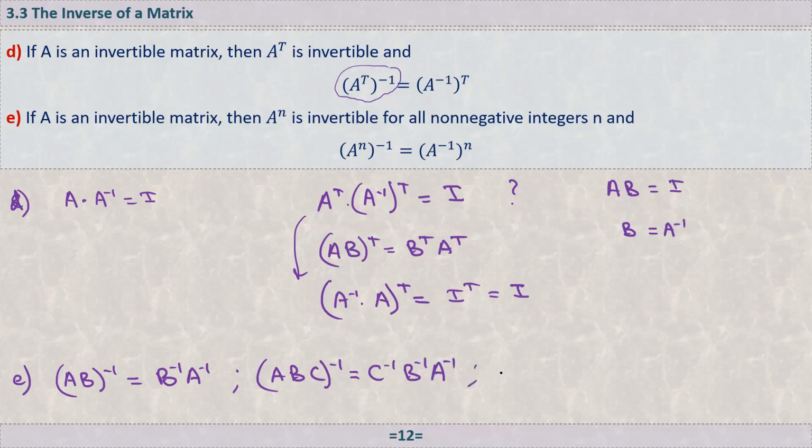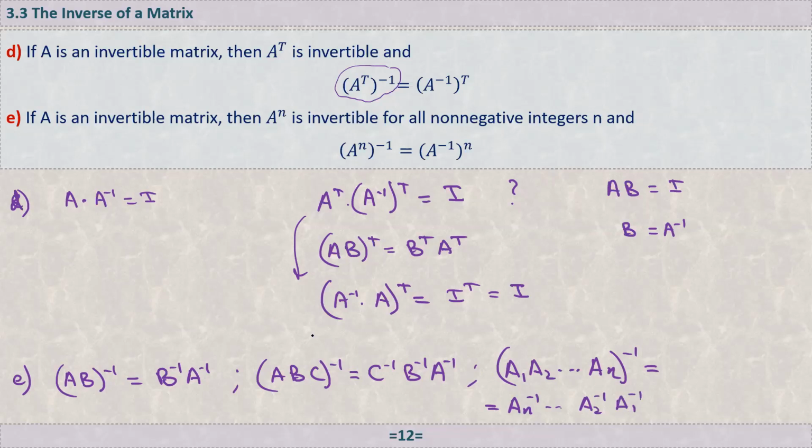In general, if we have A1, A2, dot, dot, dot, An, and here we have inverse, that's equal to An inverse, we are just writing this in reverse order, and the previous one, and here we have A2 inverse and A1 inverse.